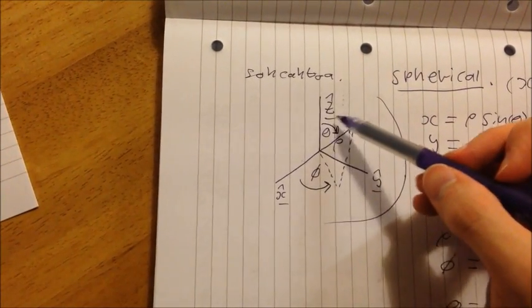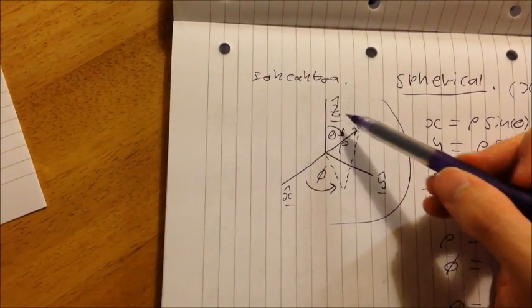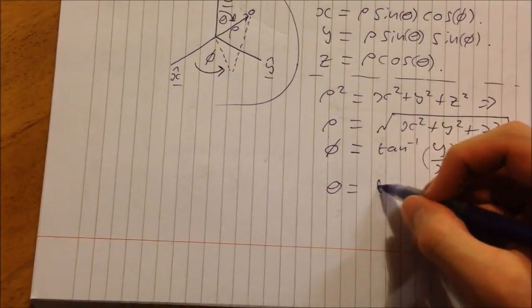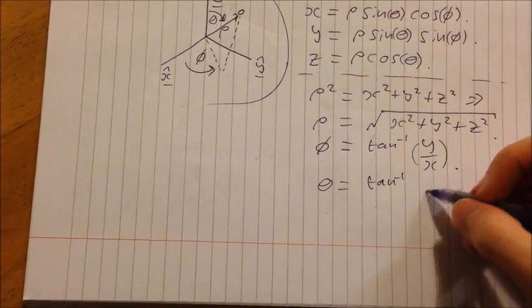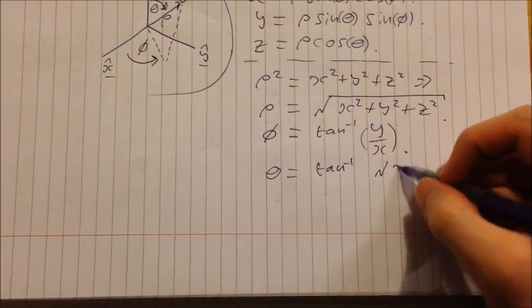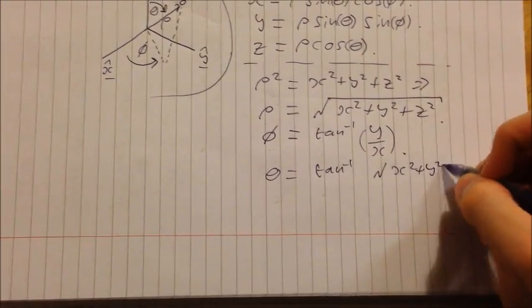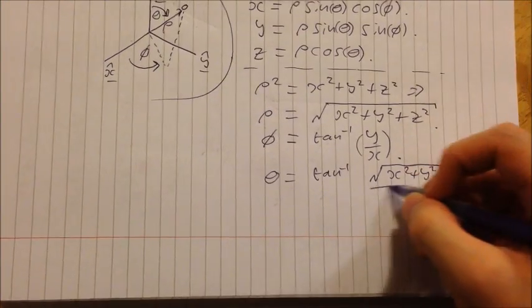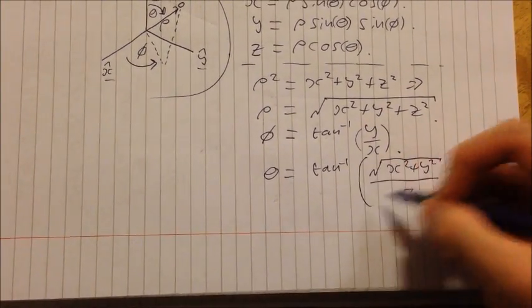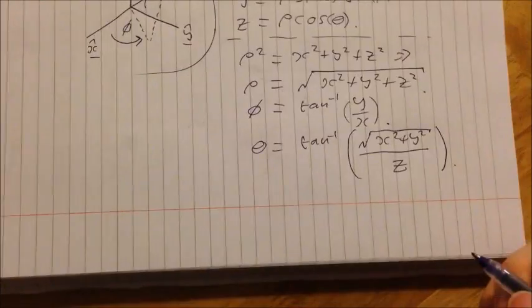And adjacent is simply z, so theta is inverse tan of the root of x squared plus y squared divided by z. And that's correct.